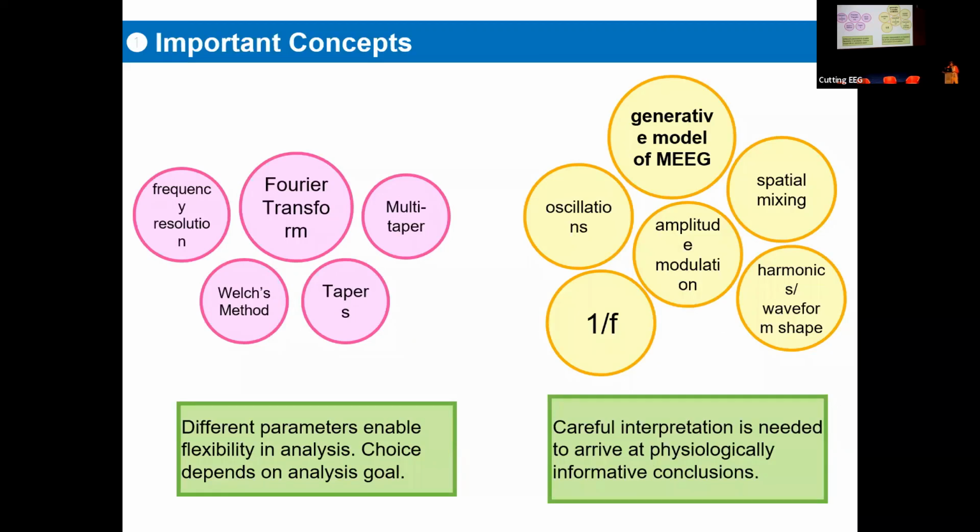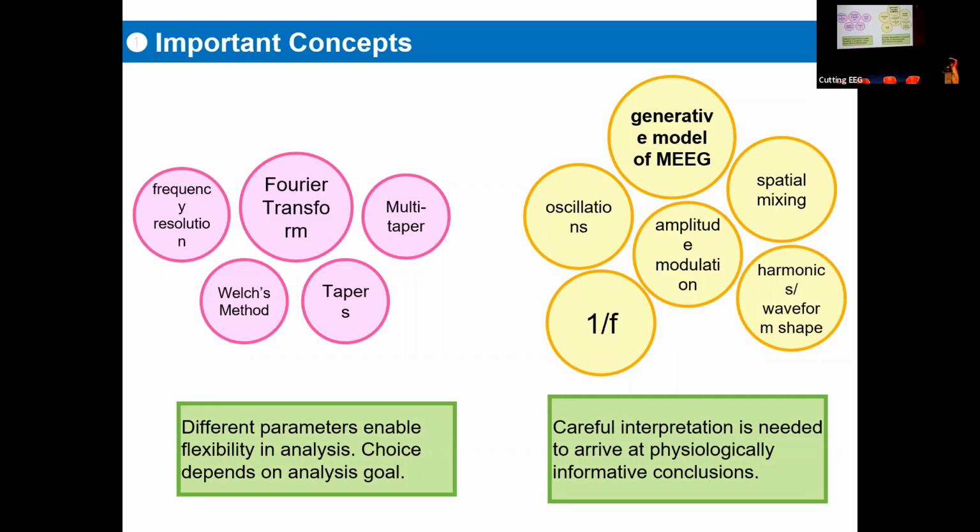Okay, so just a word cloud about some of the concepts that you heard. The choice of parameters depends on the analysis goal. Very important. The most important thing I can say probably regarding parameters.